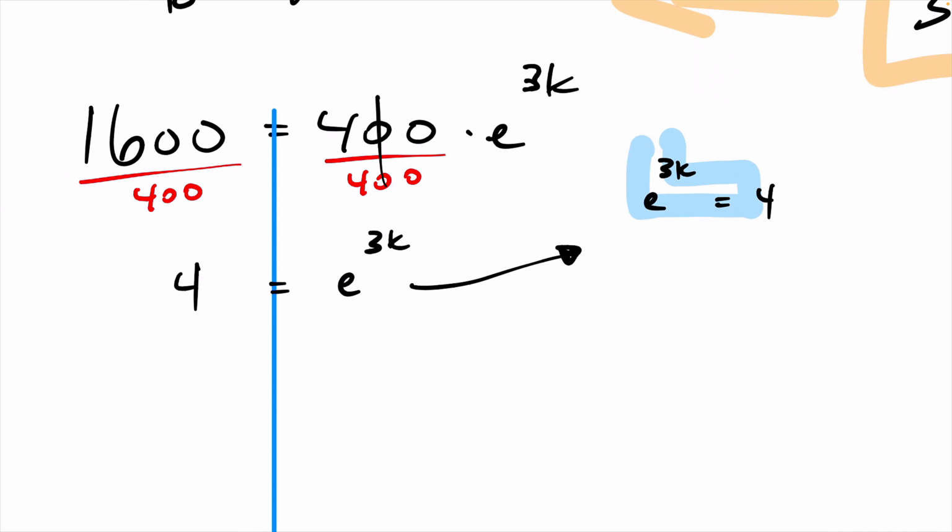I'll show you what I do. If it works for you, that's great. So you take the log of e, so that becomes a natural log, right? The natural log of 4 equals the power, 3k.